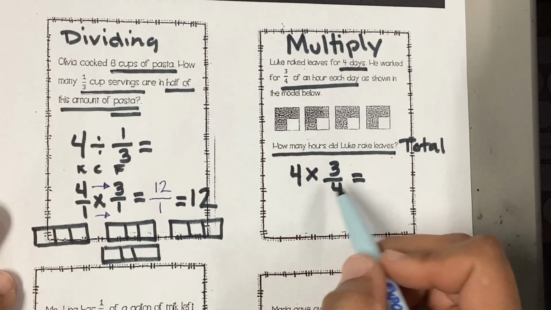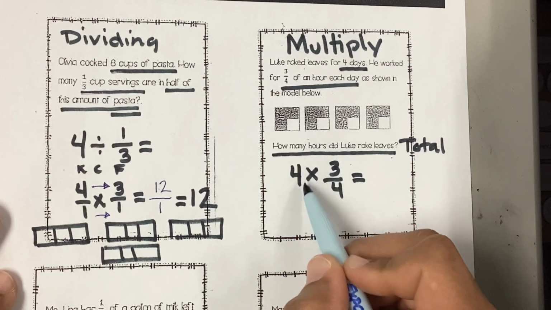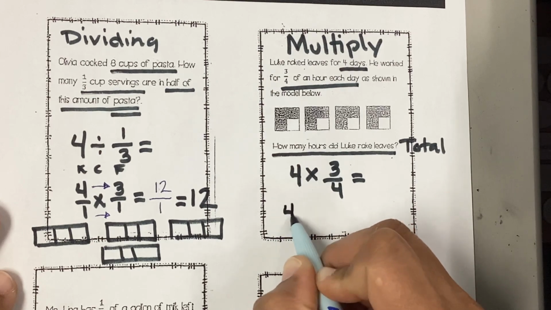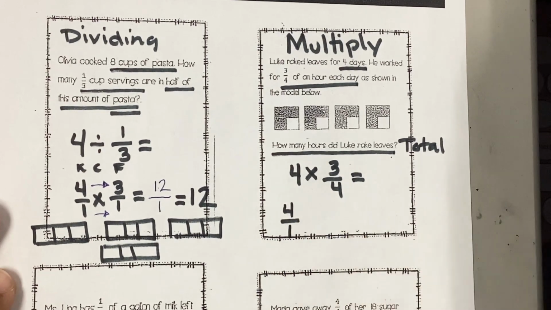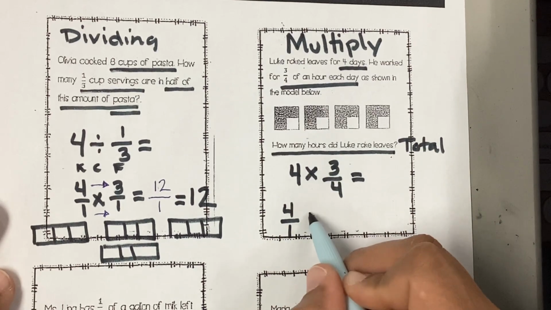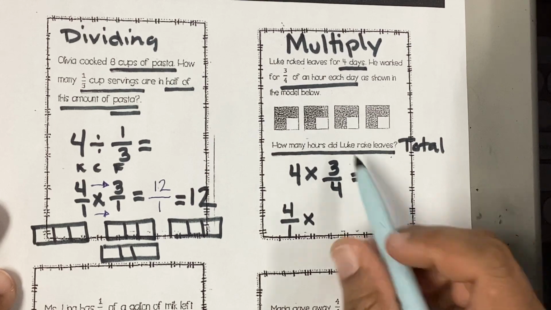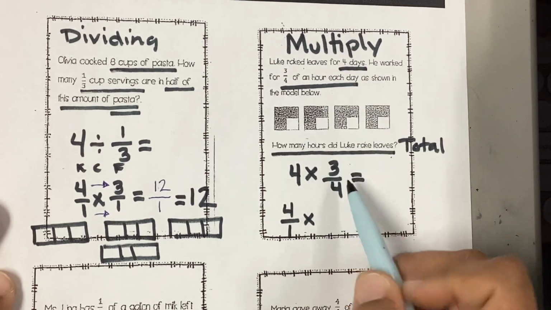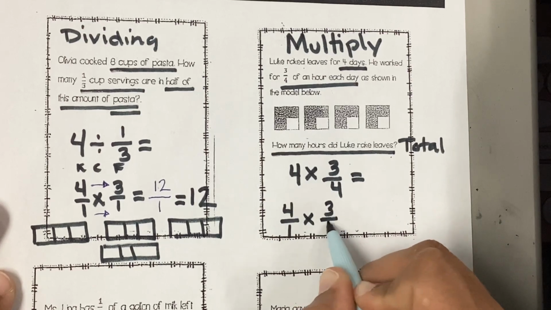So first things first, we take our 4, our whole number, and we're going to put it over the number 1 to make it a fraction. So 4/1. In this case, it's multiplied, so we leave it as times. And since it was originally multiplied, we're going to leave the second number as 3/4 of an hour.